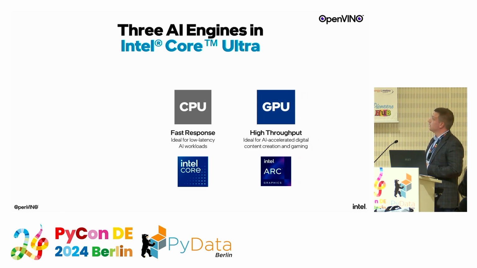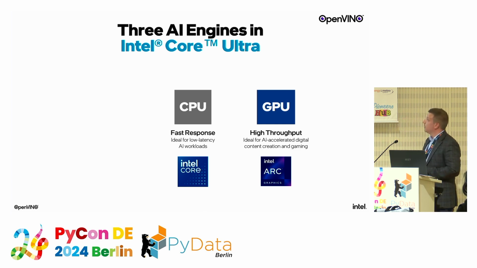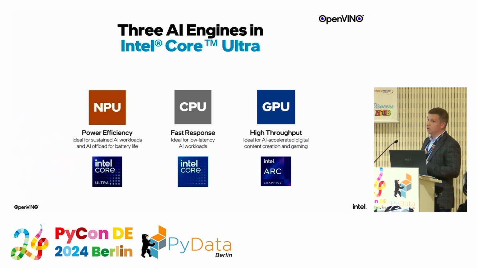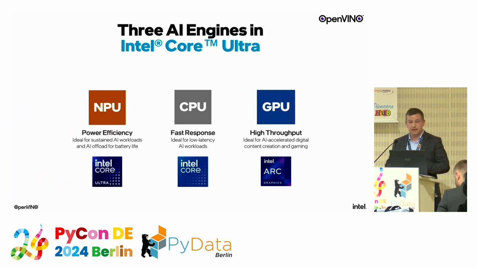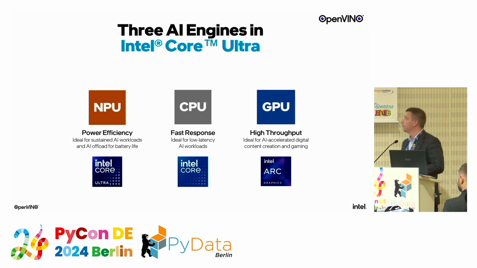Another module is the GPU, dedicated for high throughput, and we normally run generative AI models on the GPU. And we have a new module called the NPU, dedicated to power-efficient execution of sustained AI workloads and AI offload for better battery life.